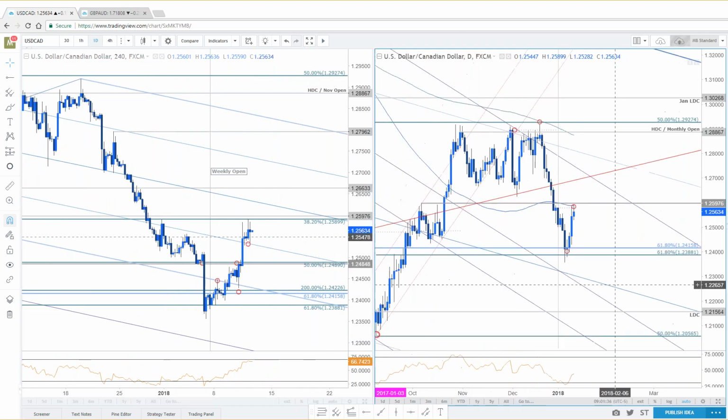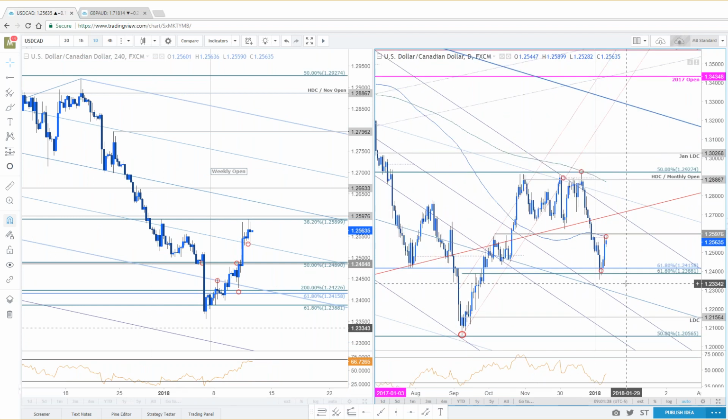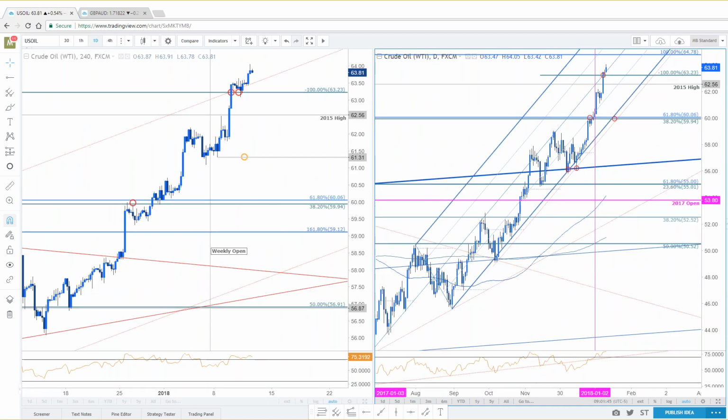Everyone always likes to correlate the two, not necessarily that they're in lockstep at this point, but crude prices. Look, 63.23 was the level that we had flagged as our last area of interest for near-term resistance, and certainly an area where we were looking for exhaustion. You didn't get it.